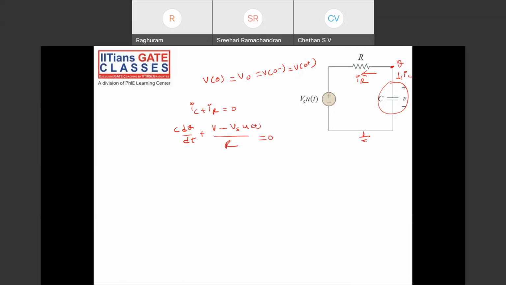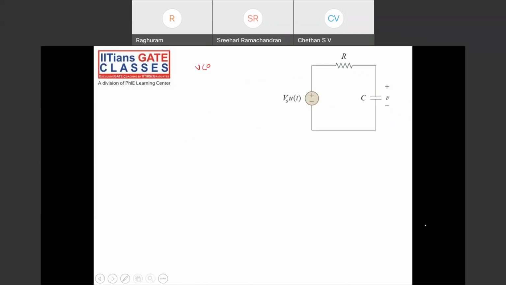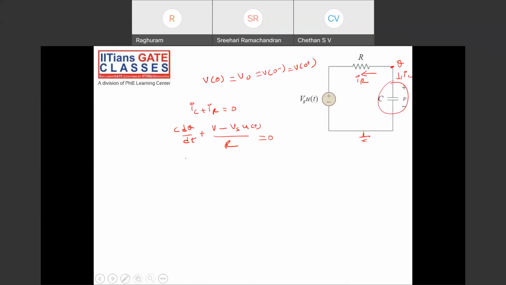Again, variable separable method. dV by dt plus V by RC is equal to Vs by RC, for t greater than 0.